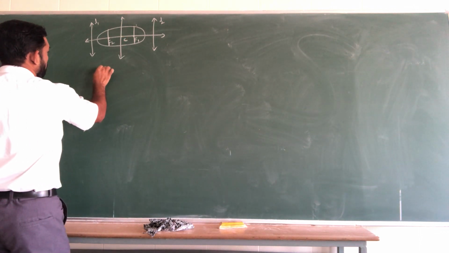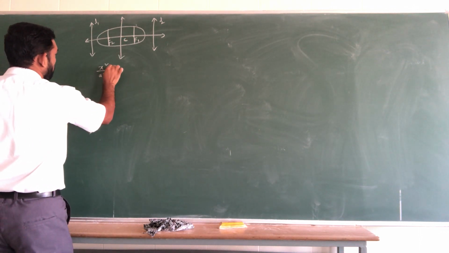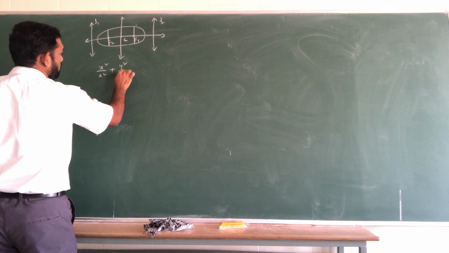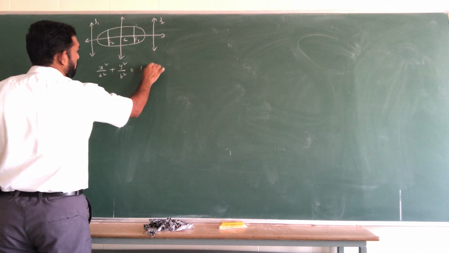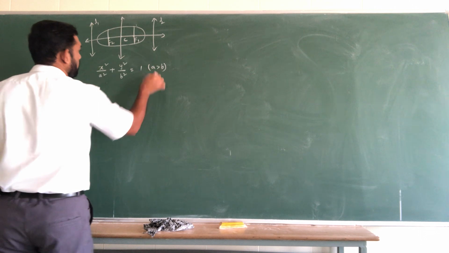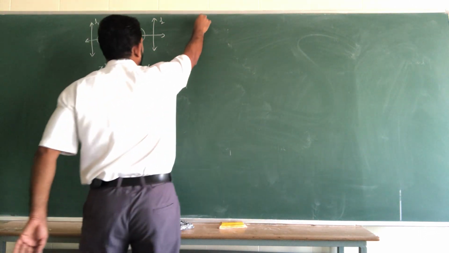The equation is x square by a square plus y square by b square equal to 1, where a is greater than b.